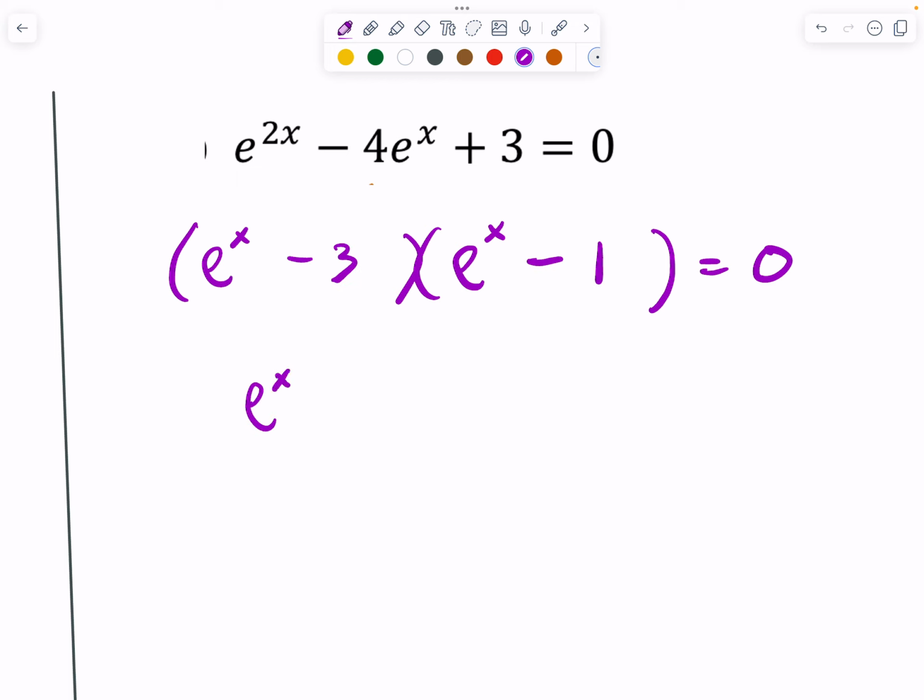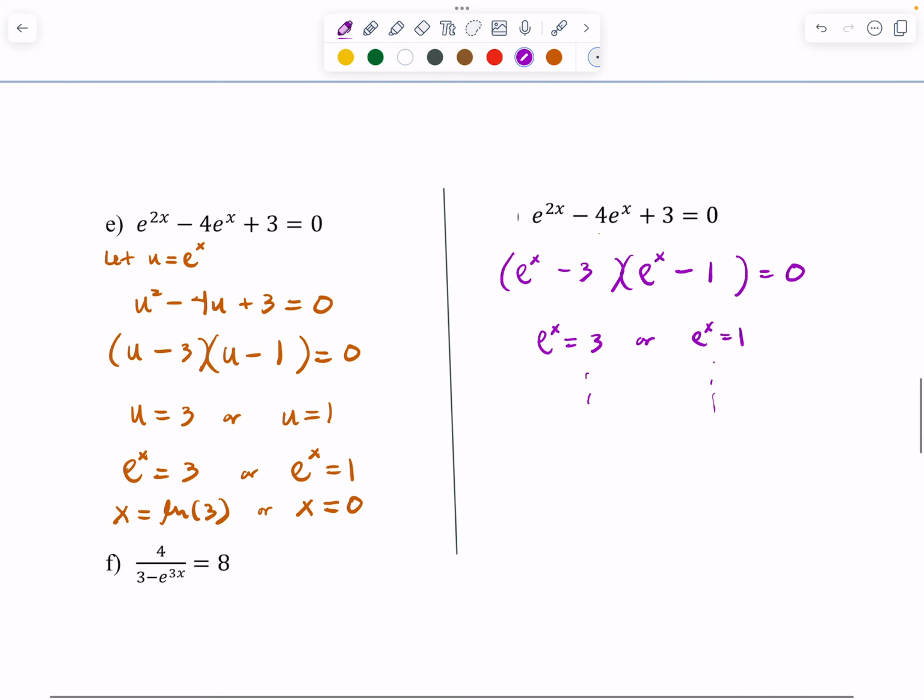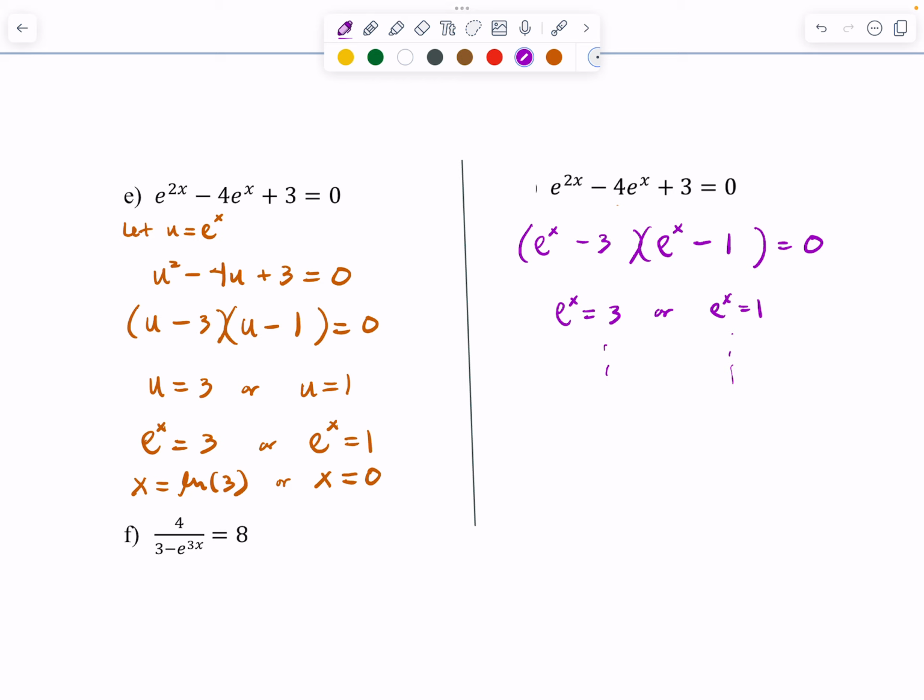So you get e to the x equals 3 or e to the x equals 1 by the zero product property. And then the same thing, we end up with the same solutions. So U substitution is not required here, but anytime you're hearing U sub, the idea is rewriting the equation in a form that is simpler and more familiar to you, so then you can solve from there or use what you already know in order to solve from there.